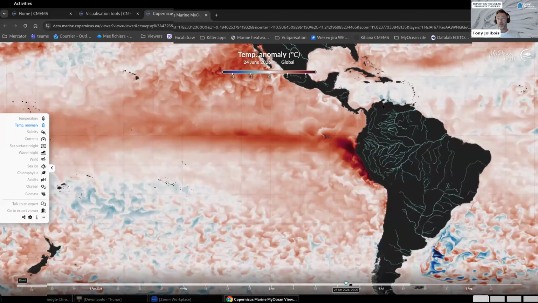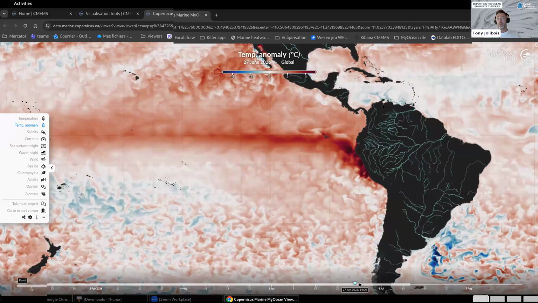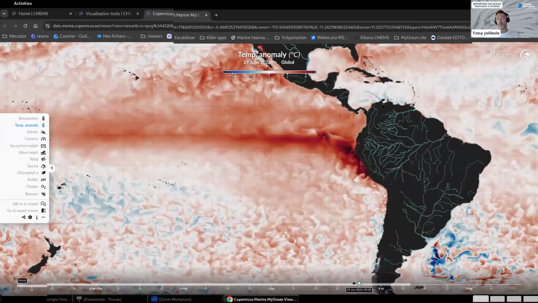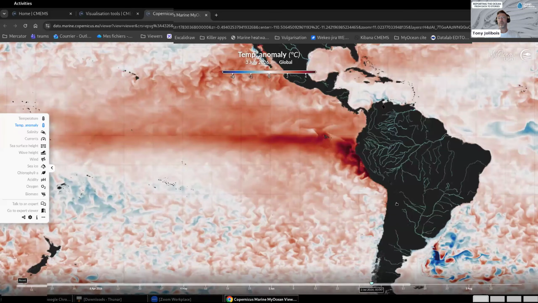And if we navigate in time here, just a little tip: you can navigate in time using the arrows on your keyboard, just going from one time step to the next one or the previous one. It's quite practical.